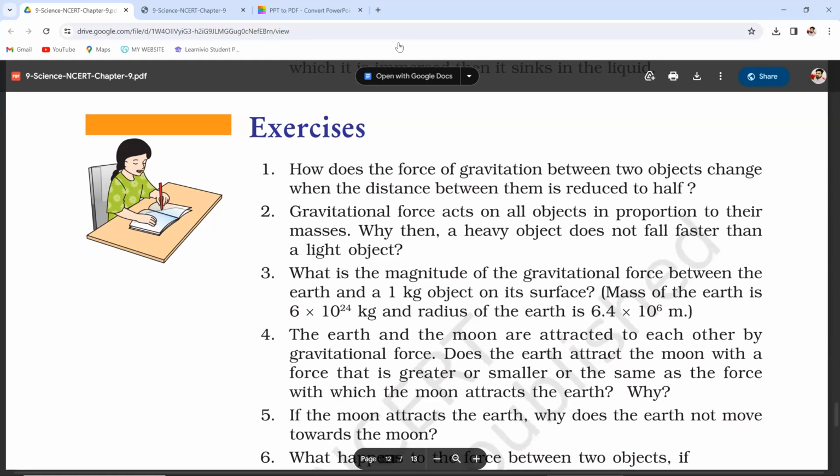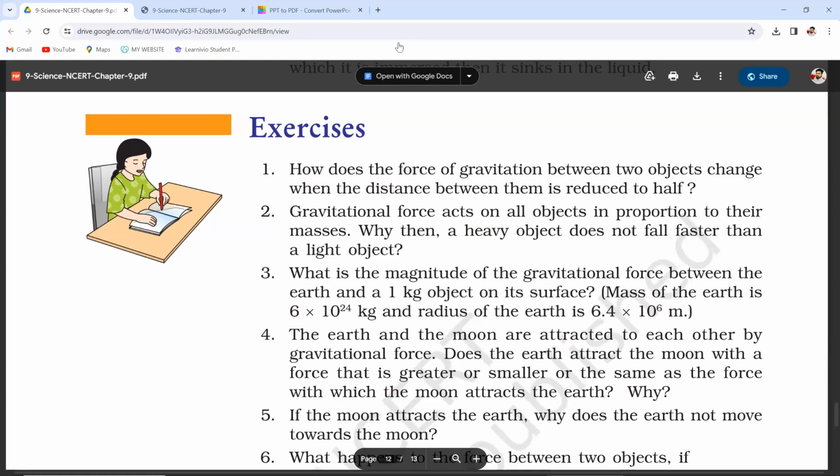You have to do the third question. So do this one fast.